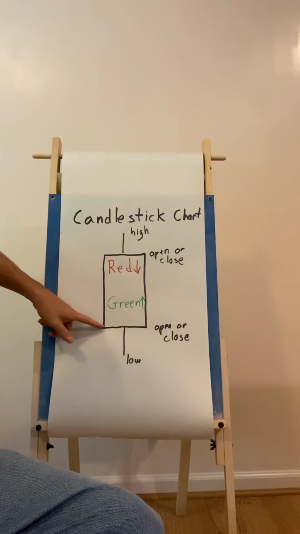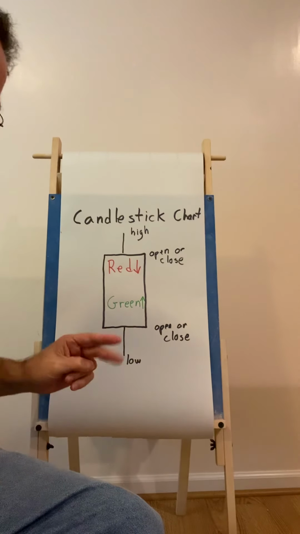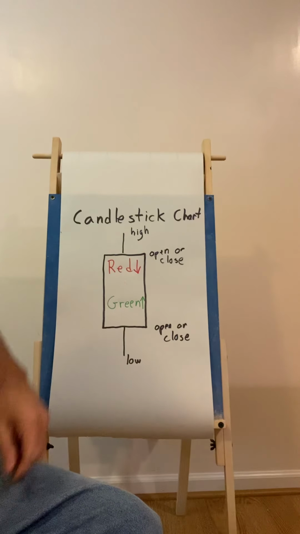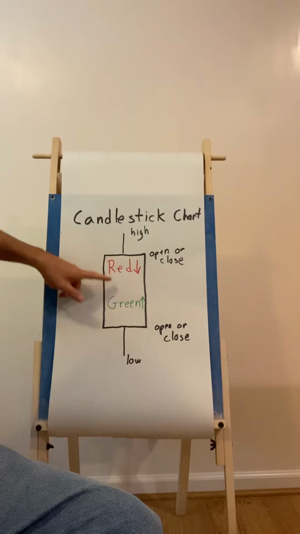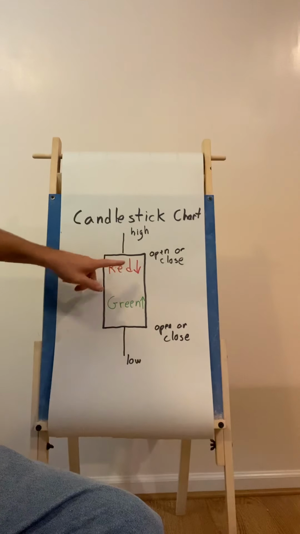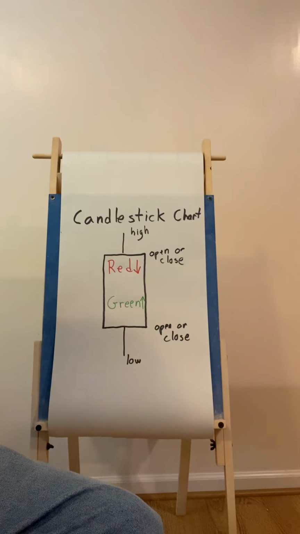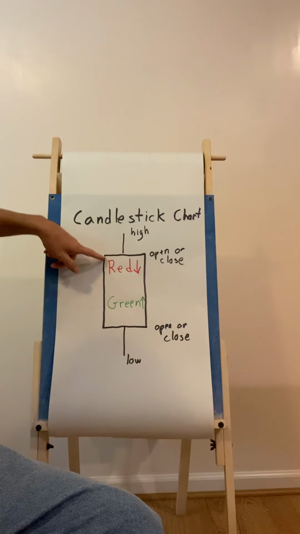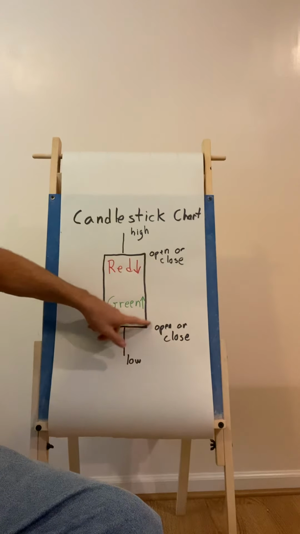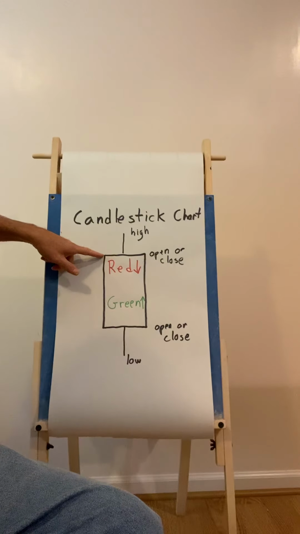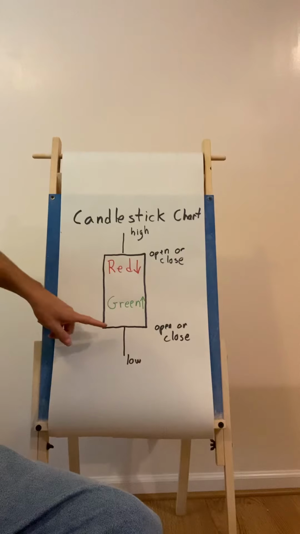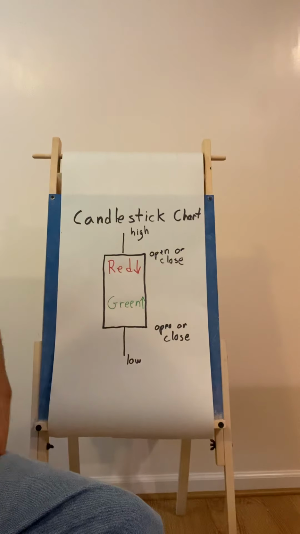If you open low and close high, that's considered a good day, and that's going to be in green. And then if it opens high and closes low, then that's going to be in red. So depending on the color, the top is an open or a close. If it is green, the top is going to be the close. If the candlestick is red, the bottom is going to be the close.